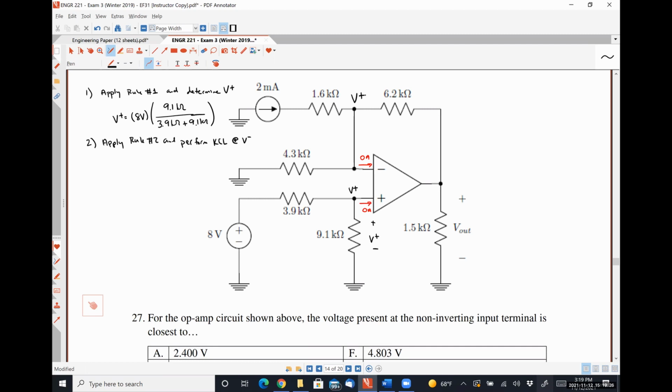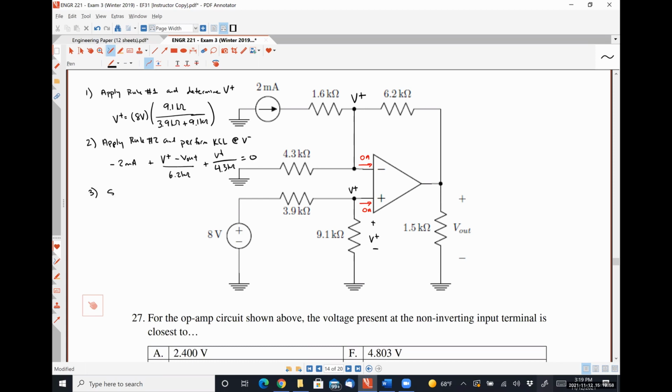So if we apply KCL, we are going to have -2 milliamps plus the numerical value for V plus, which we know from the previous step, minus V out over 6.2 kiloohms plus V plus divided by 4.3 kiloohms is equal to 0.